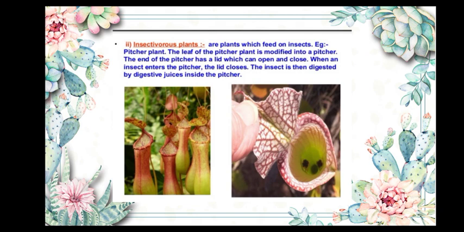When an insect enters the pitcher, the lid closes. The insect is then digested by digestive juices inside the pitcher. Simply, those plants which get their food through insects are known as insectivorous plants, and an example is the pitcher plant.